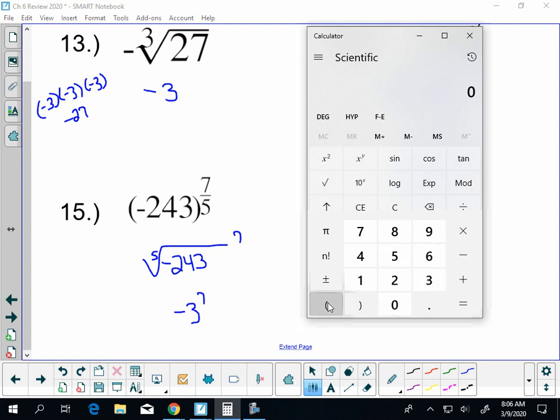So I have a parenthesis, 243, it's negative. Sometimes on your calculators, you might have to put the negative in first, and I'm raising that to the 7 fifths. 7 fifths is the same as dividing. So on the one that I have here on my computer, that would just be 7 divided by 5. I think on the blue and the yellow calculators, you can go ahead and put it in as a fraction, and you get negative 2187.